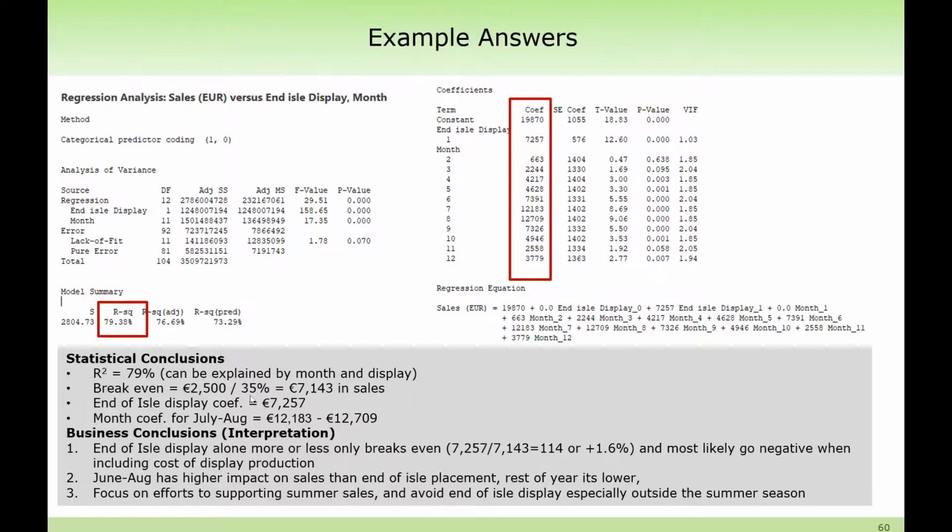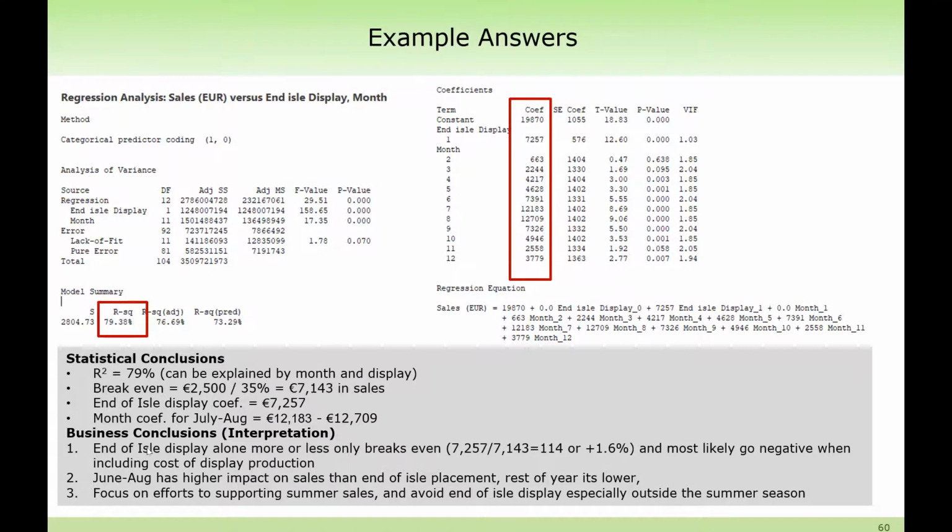We know the profit margin is 35%, so we need sales of 7,143 in order to pay for an end-of-aisle display. Now we can see that the add-on for the end-of-aisle display is 7,257, which means that there's not a lot of distance between the cost of an end-of-aisle display and the actual profitability of that.